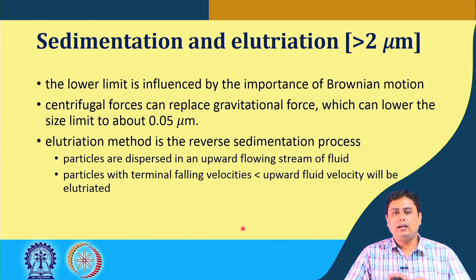Again, at a certain vertical plane we measure the suspension density, capture the time and plot that, and we get size distributions at different time steps, showing how much of the particles are being elutriated or sedimented in these cases.